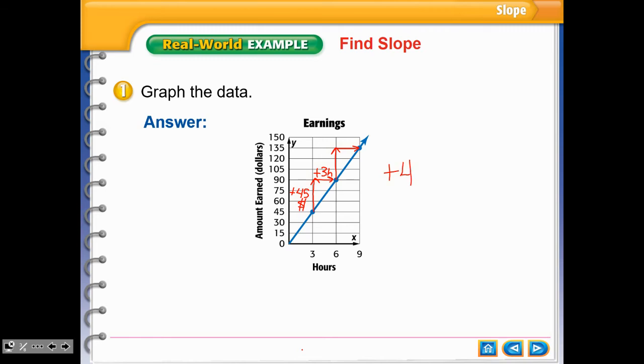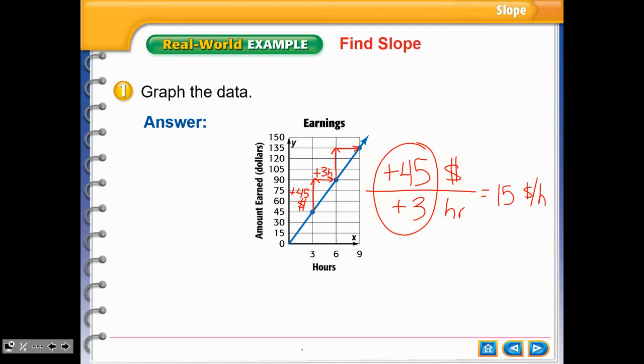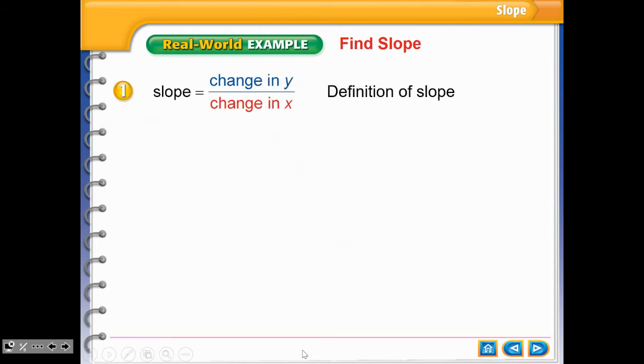So I'm seeing a rise of $45 compared to a run of 3 hours, and you already know what we're going to do with that. Let's go ahead and convert that into a unit ratio. 45 divided by 3 is, of course, 15. And basically what we then get to do is we get to take the units and turn it into a sentence.